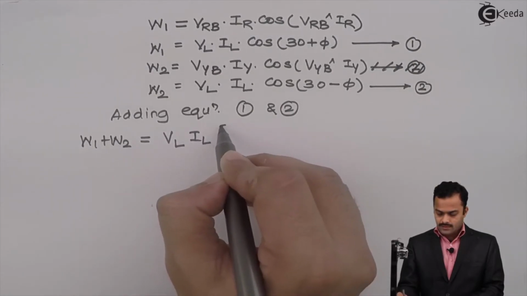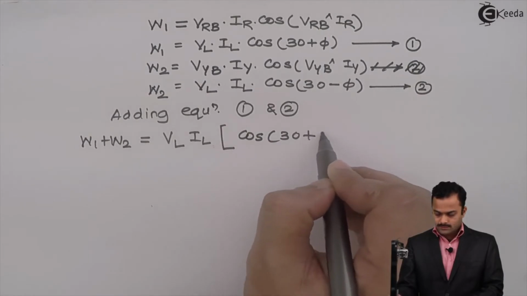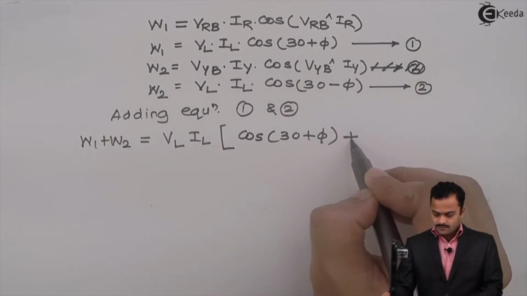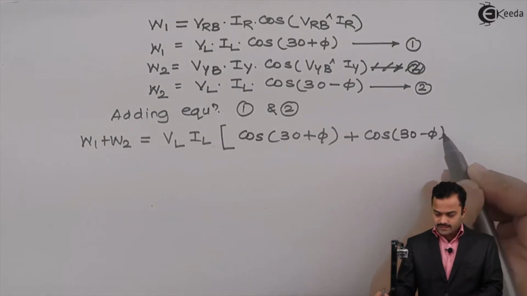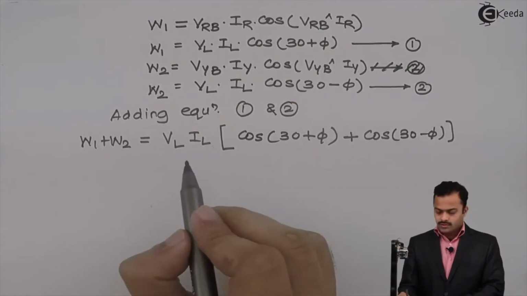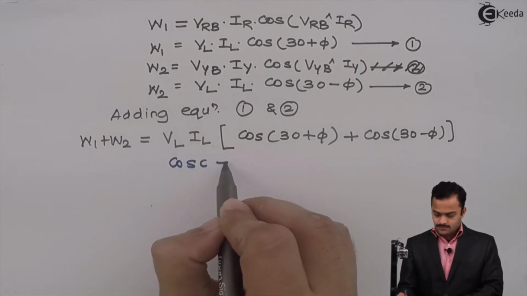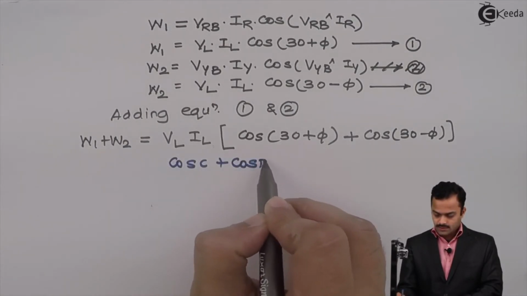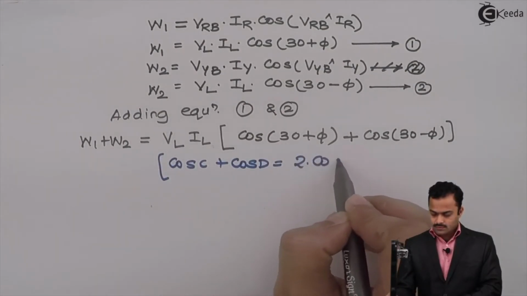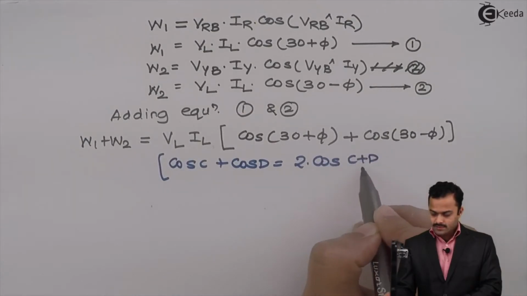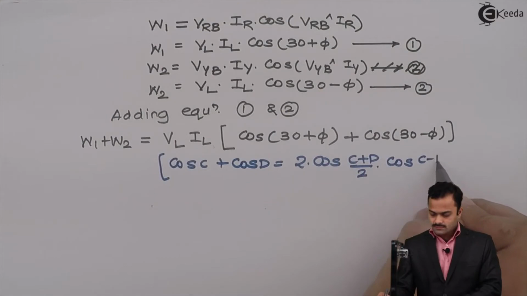I will take it common in a bracket, it is cos(30 plus phi) plus cos(30 minus phi). So here we are going to use the formula cos C plus cos D, and that is equal to 2 times cos of (C plus D) by 2 into cos of (C minus D) by 2.